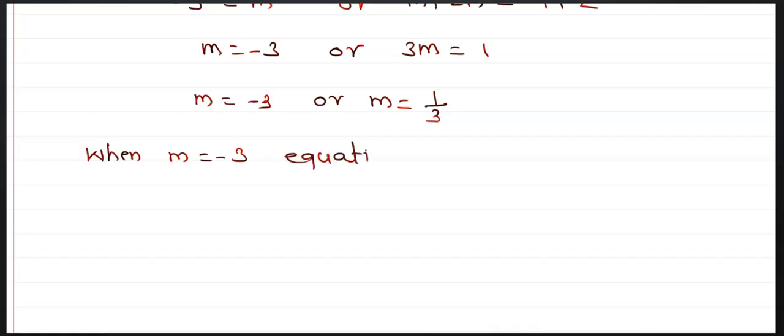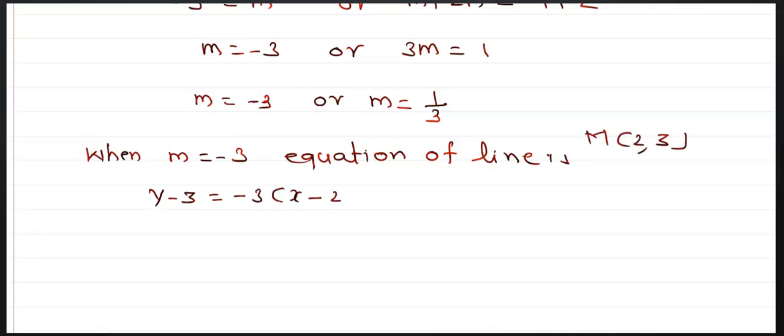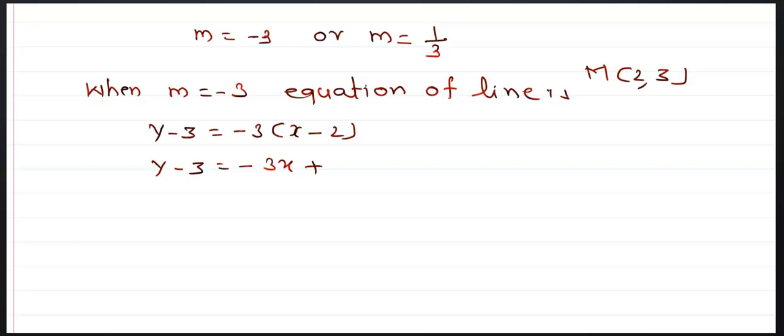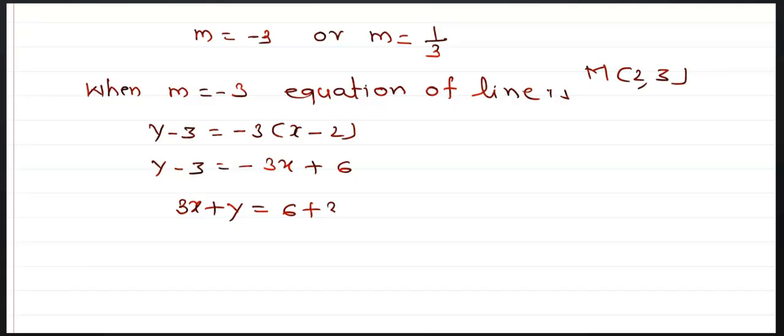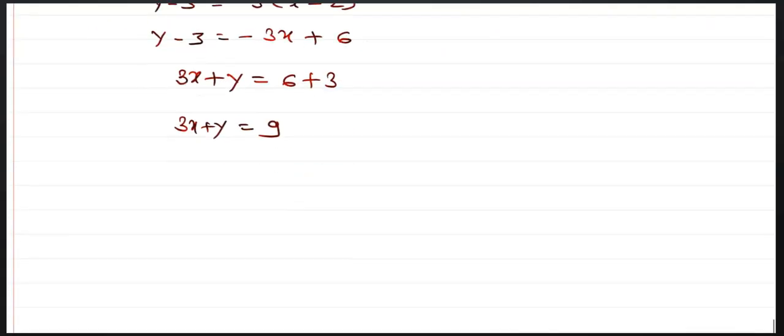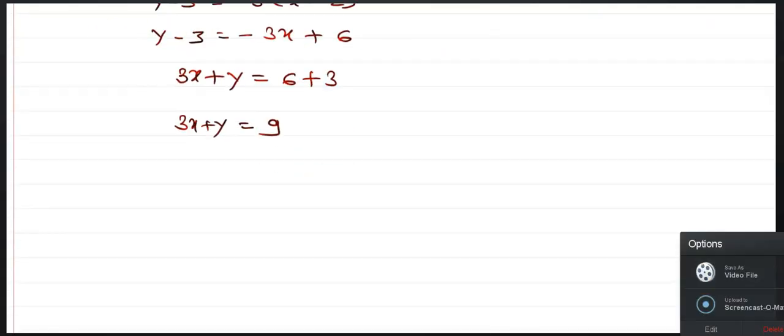When M is equal to minus 3, the equation of the line through the point (2, 3) is y minus y1 is equal to M in bracket x minus x1. Y minus 3 is equal to minus 3x plus 6. 3x plus y is equal to 6 plus 3. 3x plus y is equal to 9.